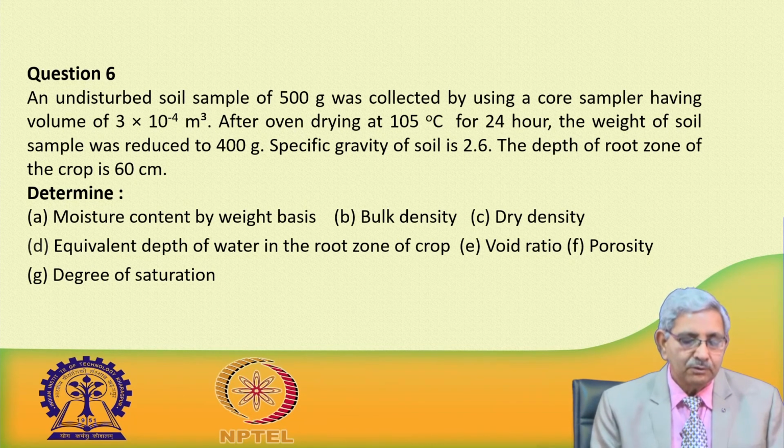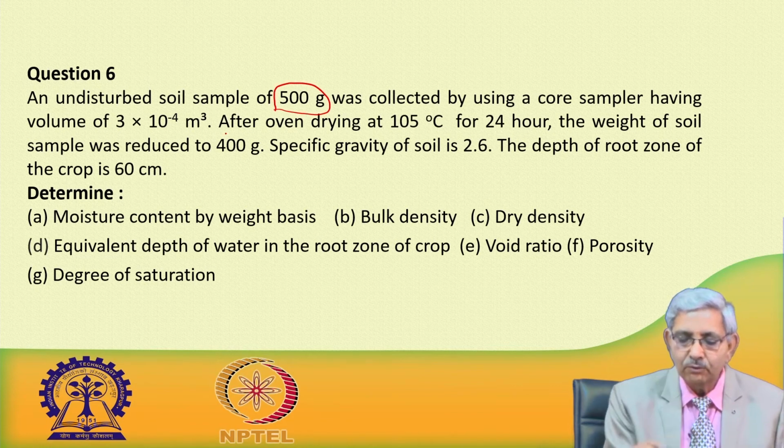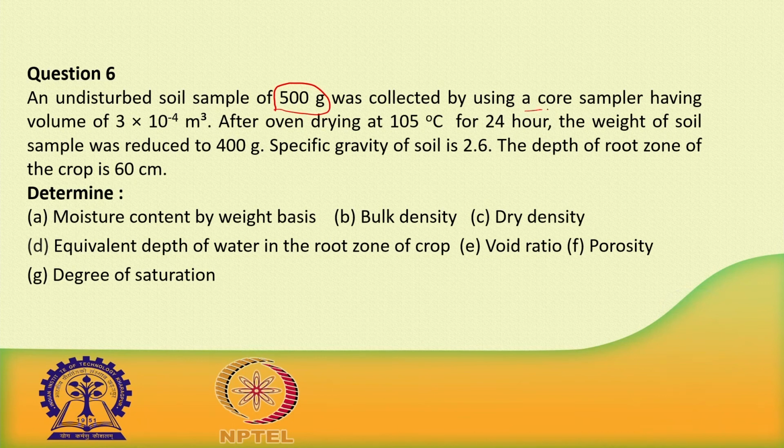So, here a question is given: an undisturbed soil sample of 500 gram was collected by using a core sampler. A core sampler is a device where the soil sample is collected at the desired depth.